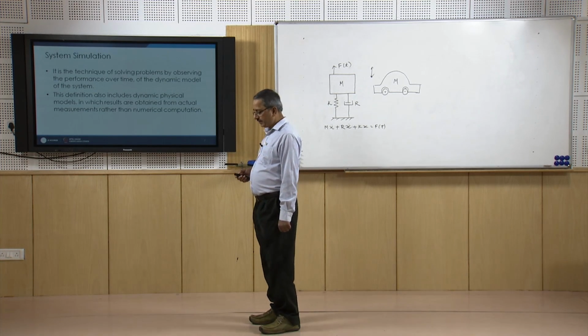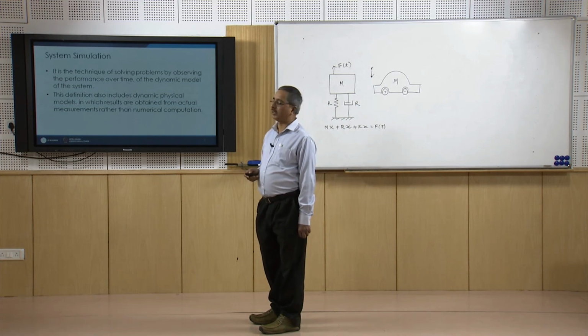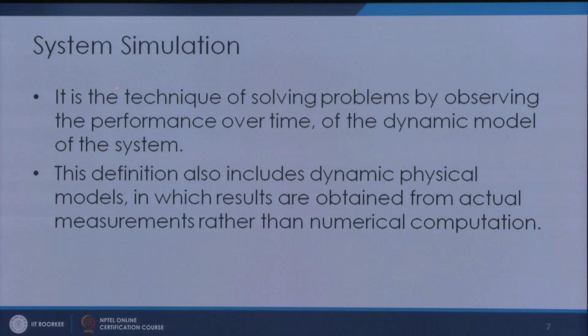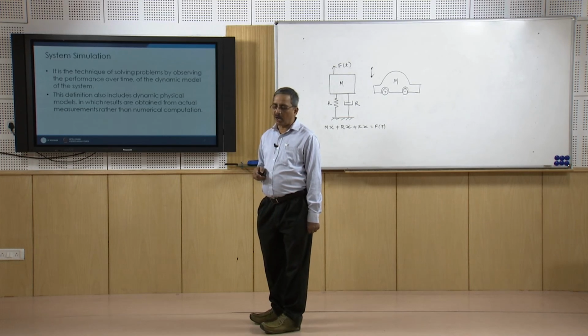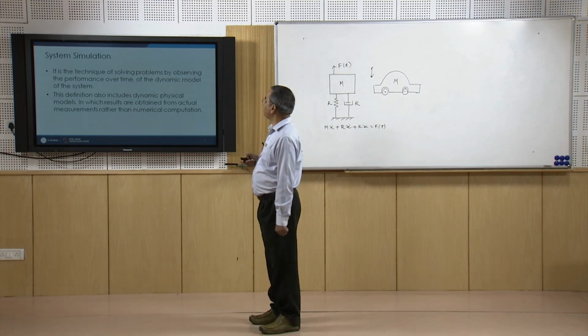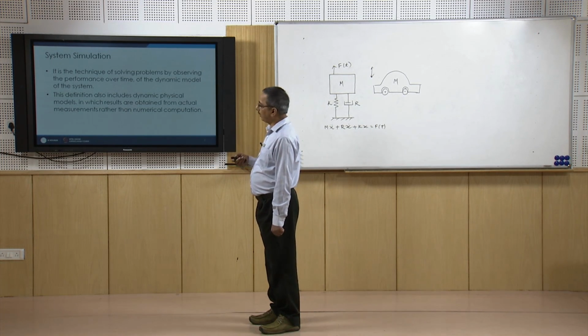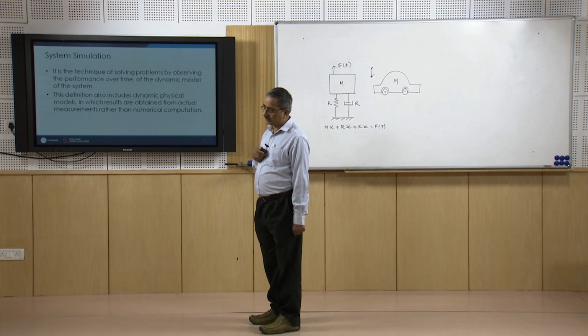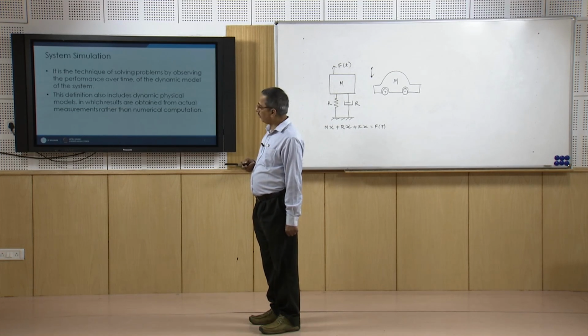Now, there is a term you will find in literature, and that term is system simulation. System simulation is basically a technique of solving a problem by observing the performance over time of the dynamic model of a system. So, if we want to solve a certain problem, then we observe the performance over time of the dynamic model of the system, and that is how we solve that problem.